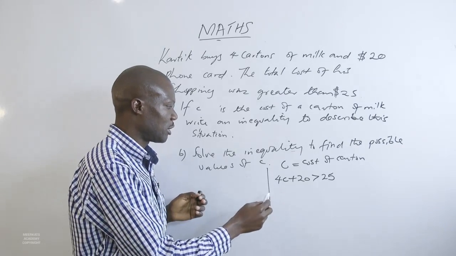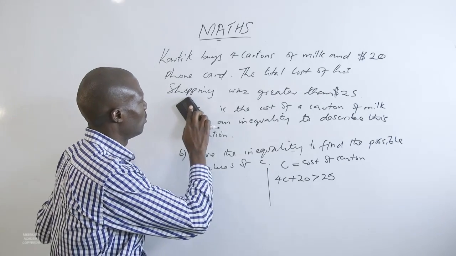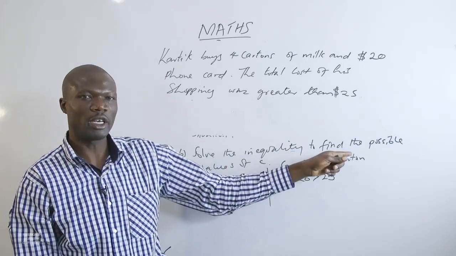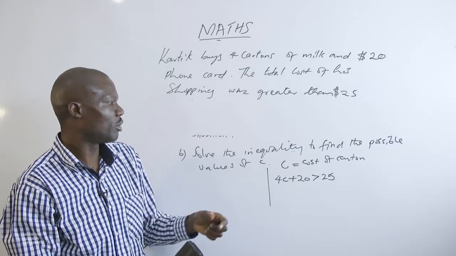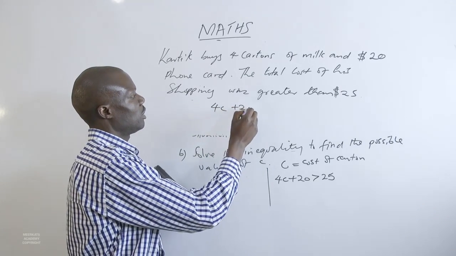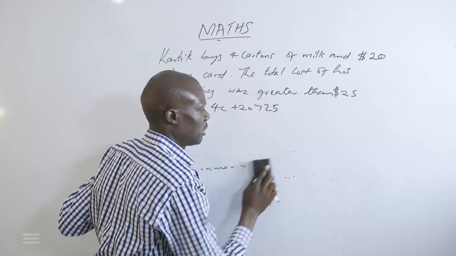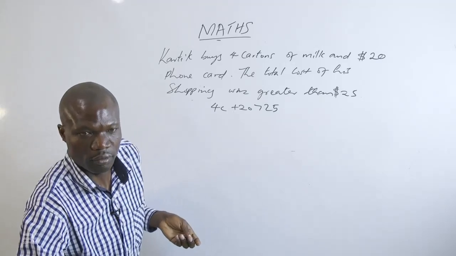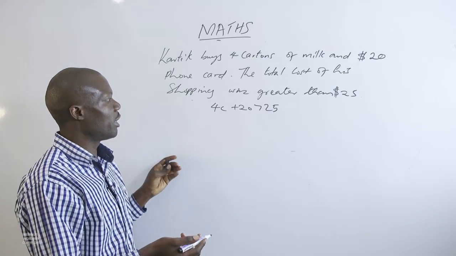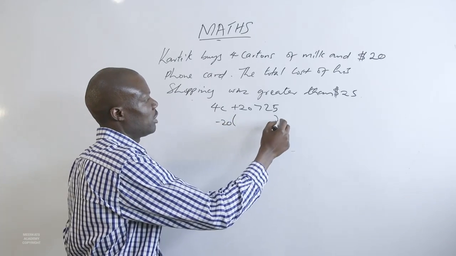So solve the inequality to find the possible values of C. The inequality is 4C plus 20 is greater than 25. So we can solve that. To solve this, we need to work it out systematically. So minus 20 both sides.